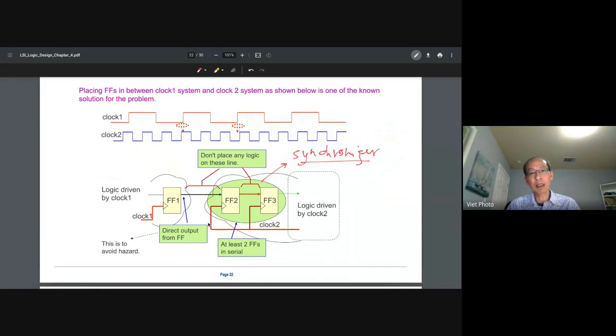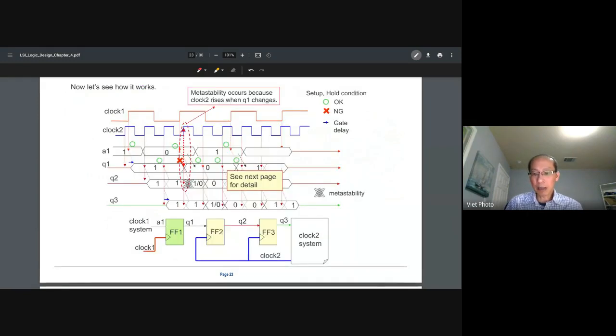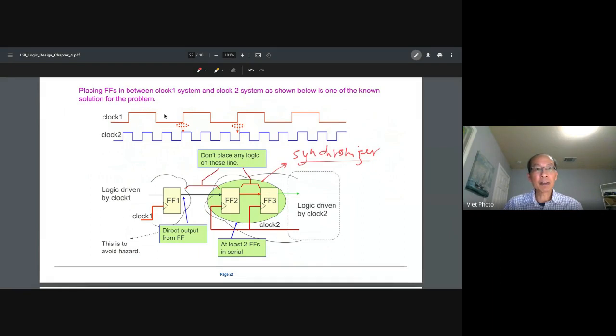So this one is called a synchronizer. And how does it work? This one is complicated, so I think we'll present another one that is simpler to understand.